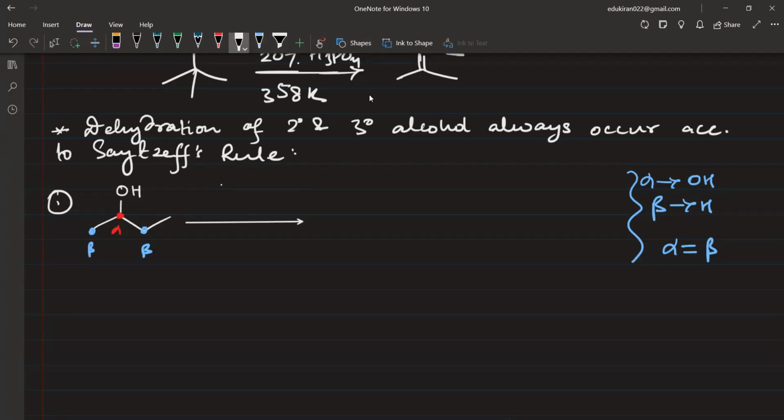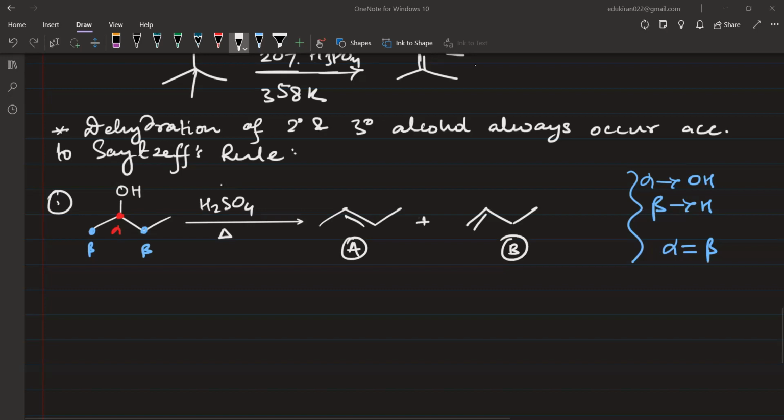Let me see how many of you remember this. H2SO4 with some heat. I'm going to get either this product or this product, A and B. Chaliye, send the answer in chat, which is the major product, A or B. चलिए और हम सवाल दे देते हैं, ठीक है ना?